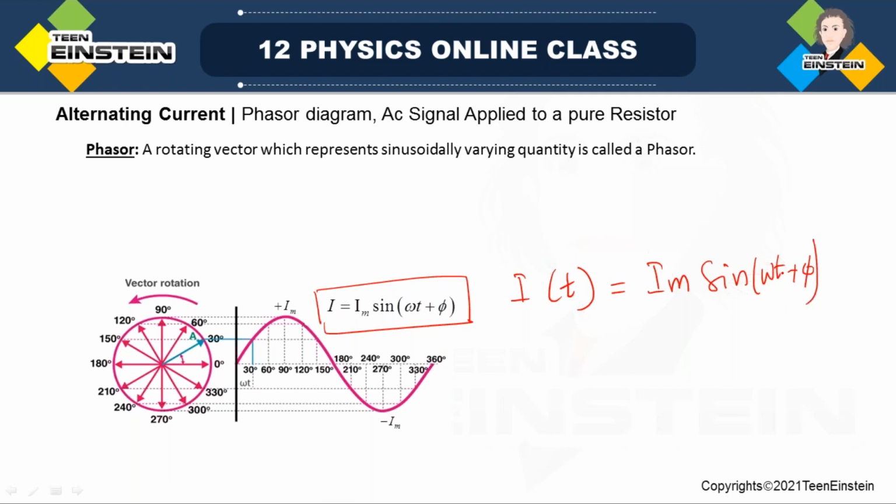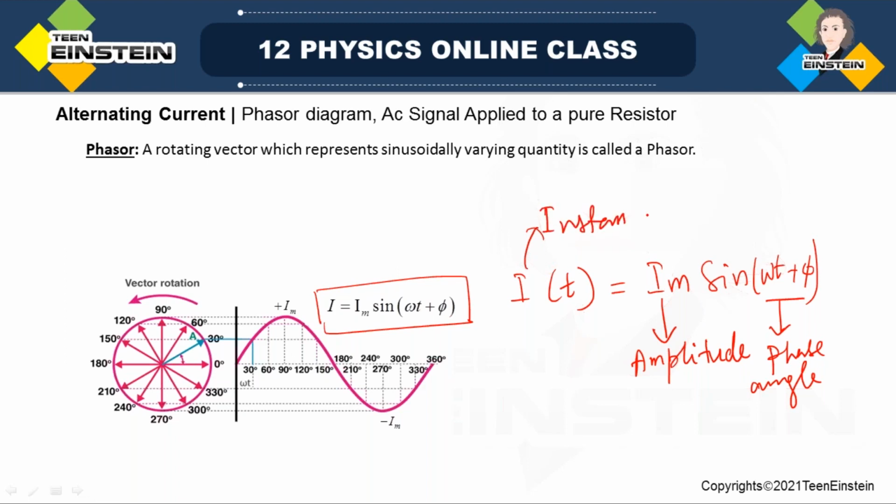I is the instantaneous value, phi is the phase angle, and omega t plus phi together is the phase angle. Im is the amplitude. It is very important to know which quantity is called what in AC signal or any wave equation. This is actually the instantaneous value.